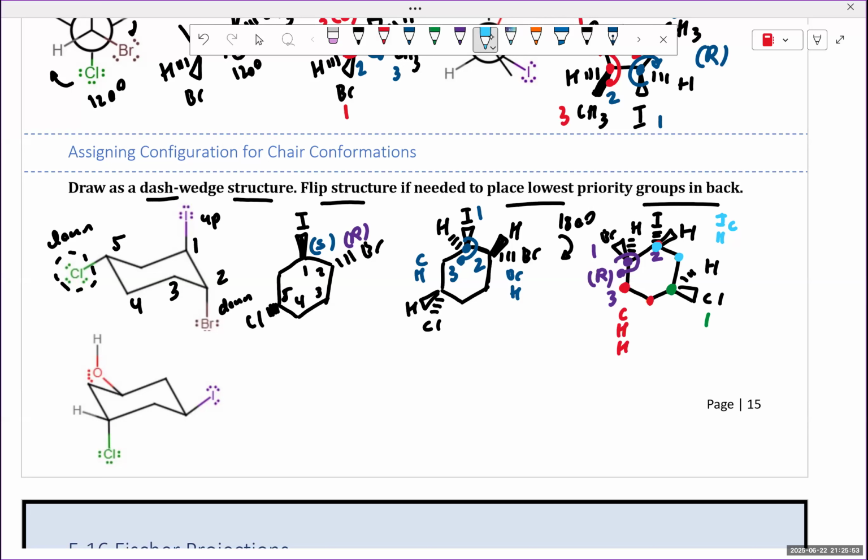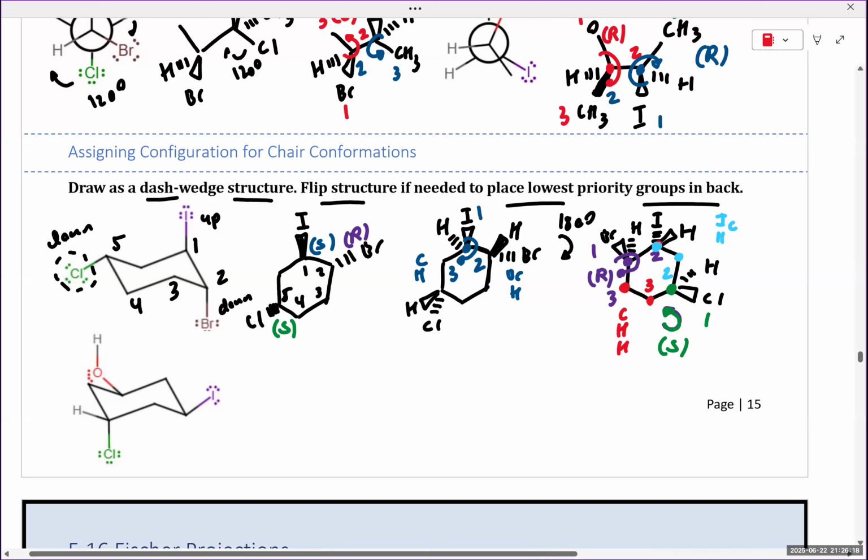Iodine wins out. So the group up top's priority 2, and the group on the left is priority 3. Tracing from highest to lowest priority gives us a counterclockwise rotation. So this would be S. So with that, we've assigned the configuration at each stereocenter in this molecule.